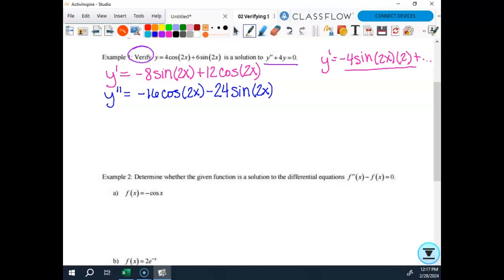All right, is everybody with me? So now we have y double prime. Remember, this is what we are trying to verify.